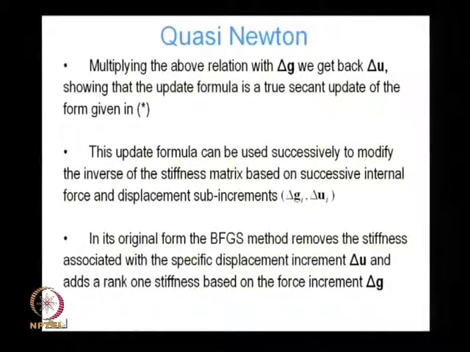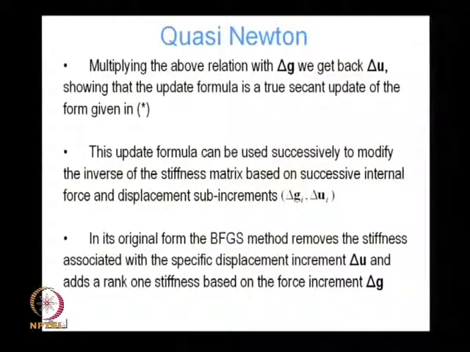So, we can use this update formula every iteration. We start with my original converged solution, I evaluate the tangent, I take one iteration, I update it using the rank 1 BFGS update, and then I compute my new inverse using the Sherman Morrison formula. Then I go to the next iteration.